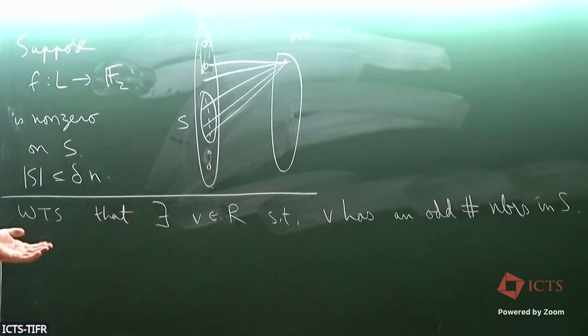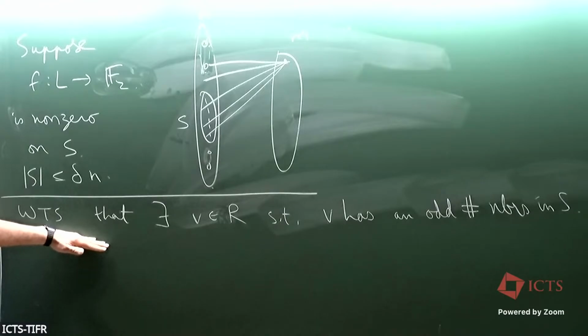We will need to assume something about gamma. So we will need gamma to be at most half for this to succeed in showing this. And I guess that you actually need that. I'm not 100% sure about this.